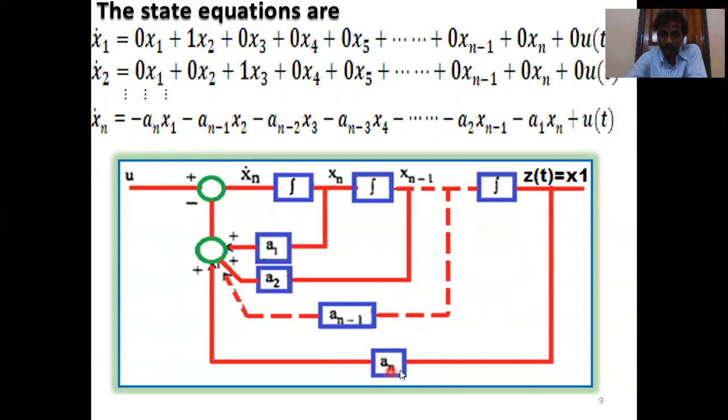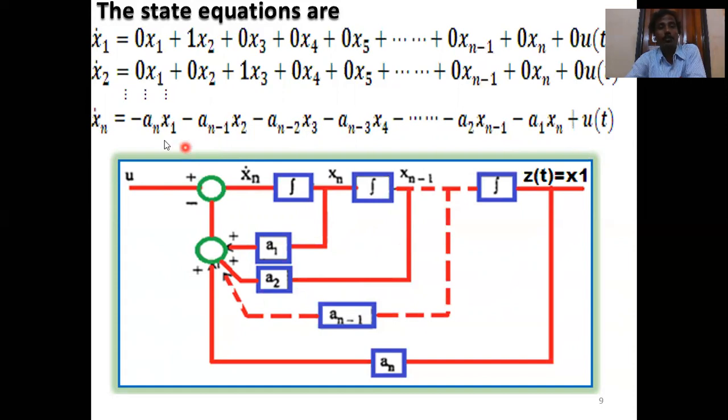So this path is x1 into minus an, this path is x2 into minus an minus 1, and this path is a2 into xn minus 1 with a minus sign, and this is a1, minus a1 into xn.